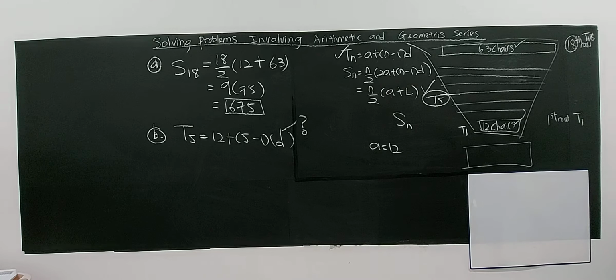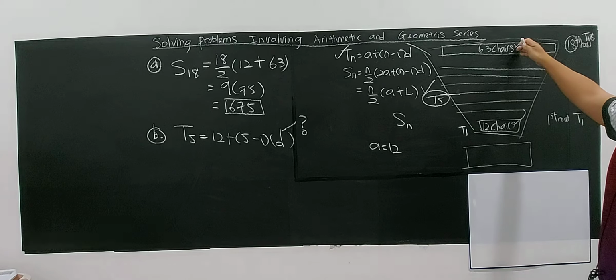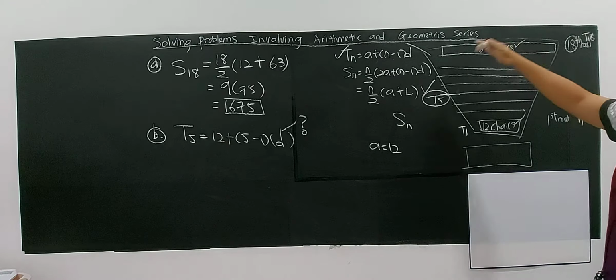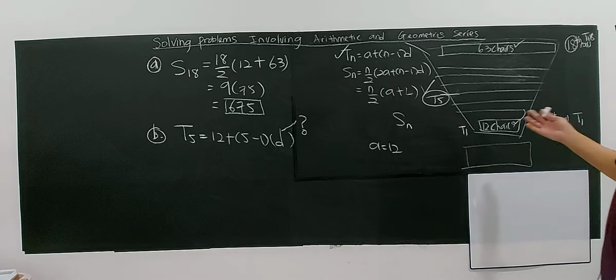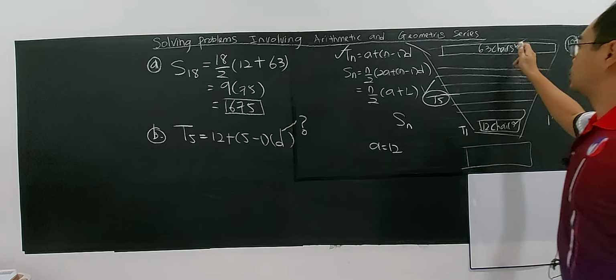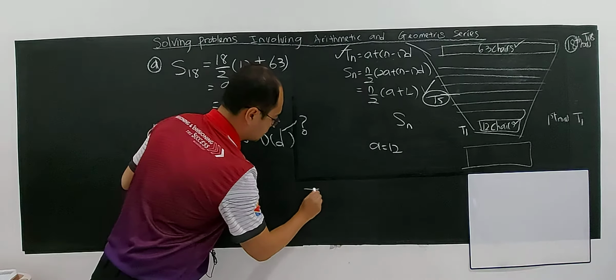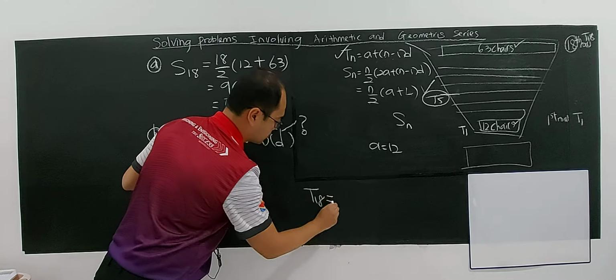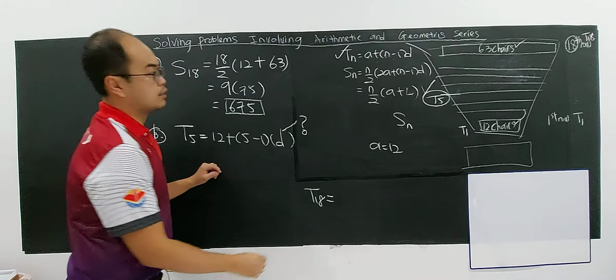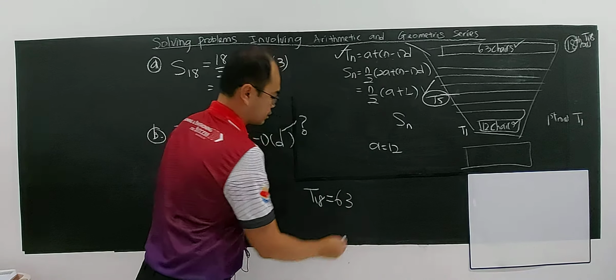So how to find the common difference? You can use the last row to find the value of D. The last row is T18, and T18 is 63 chairs.